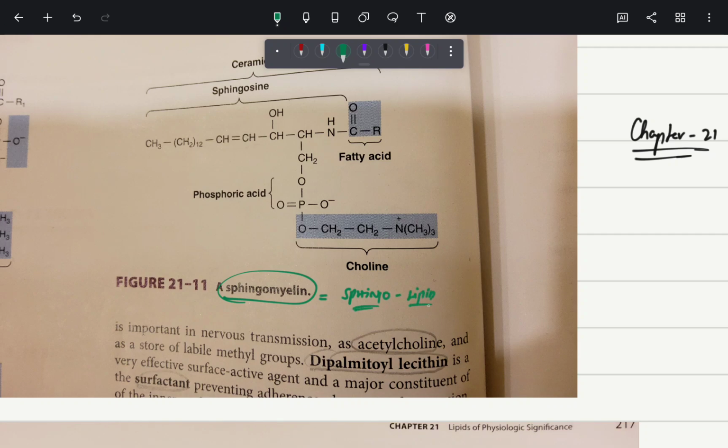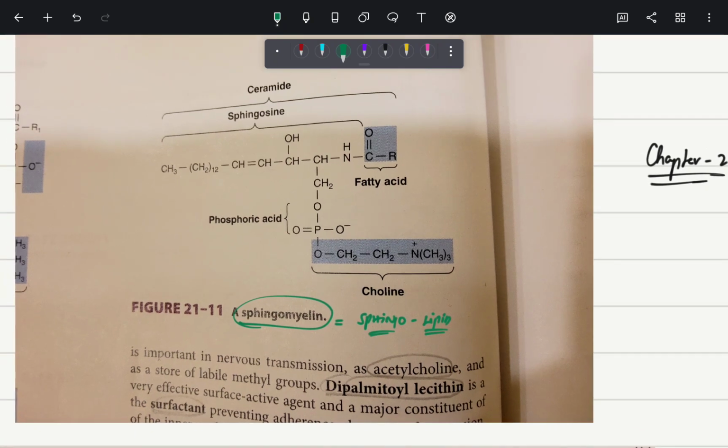It means the phosphate is going to get esterified into a sphingosine molecule. So as you can see here, this is the phosphoric acid, and I will draw this here so you guys will understand. This phosphoric acid will eventually get esterified and form a sphingosine. And not only that, it will have one chain of fatty acid.